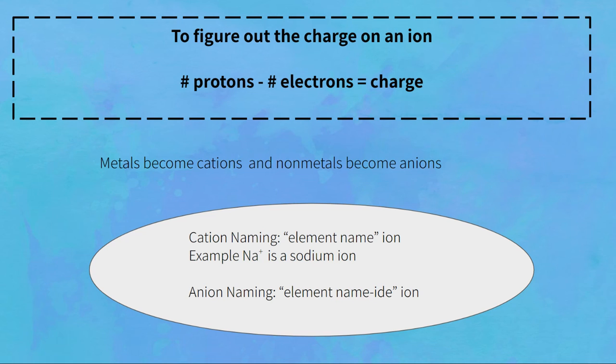For the negative, it's element name "ide." So if you remember ionic naming, we always added an IDE ending, same with molecular, same idea here. Element name IDE ion. So for chlorine, for example, because it's negative, we would call it a chloride ion.